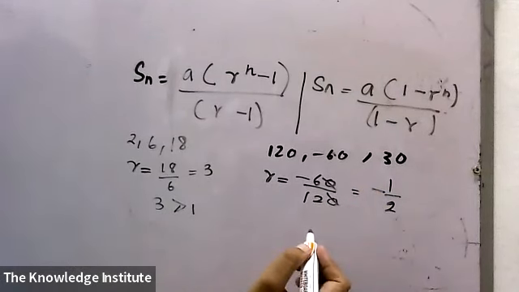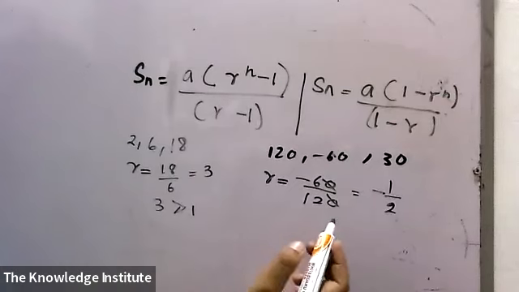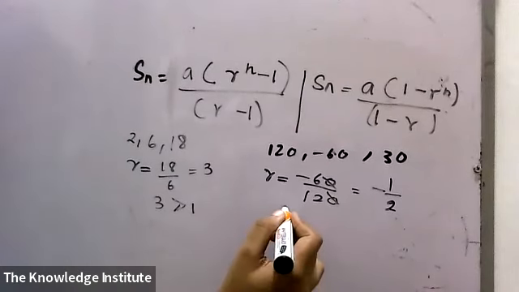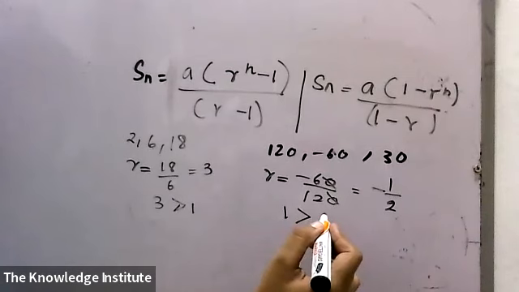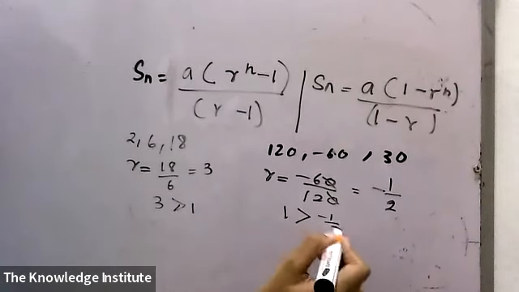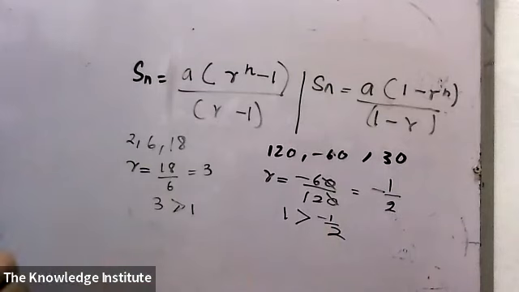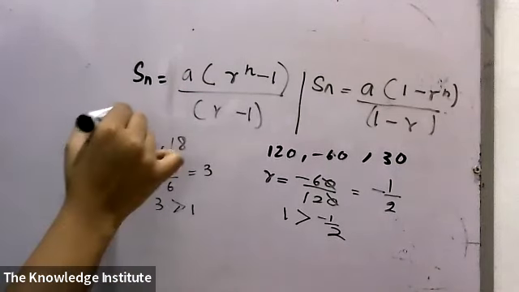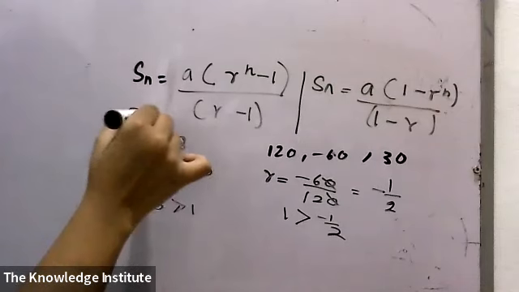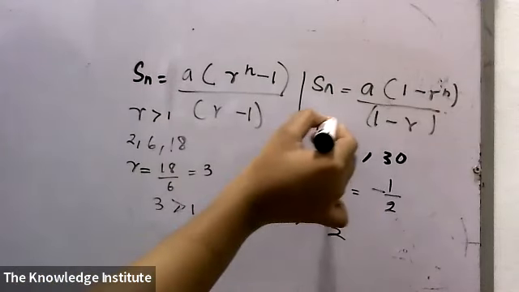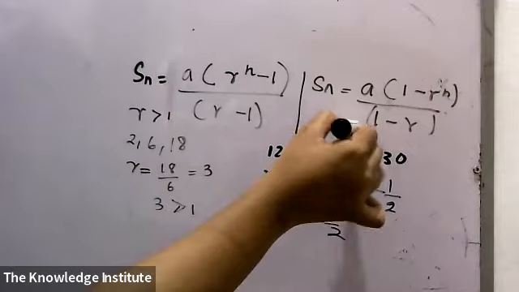Now tell me, is 1 greater or minus half greater? 1 greater. So whenever you have an instance where the common ratio is less than 1, you use the second equation. Did you understand? Clear? Here we use it when r value is greater than 1. Here r value is less than 1.